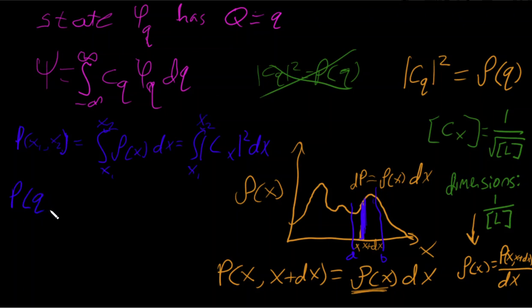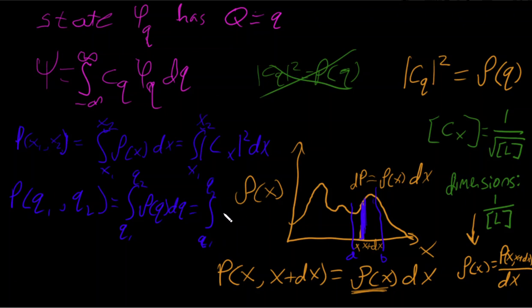But the probability that the particle has some value of q between q1 and q2 is the integral from q1 to q2. This is just generalizing it into q instead of just position, any continuous quantity, from q1 to q2 of rho of q dq.